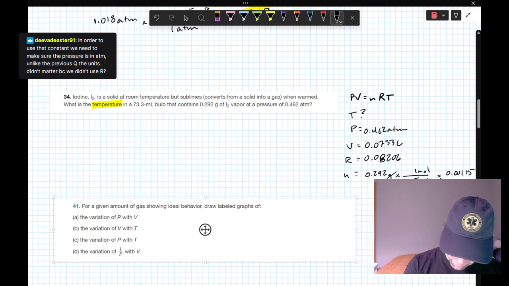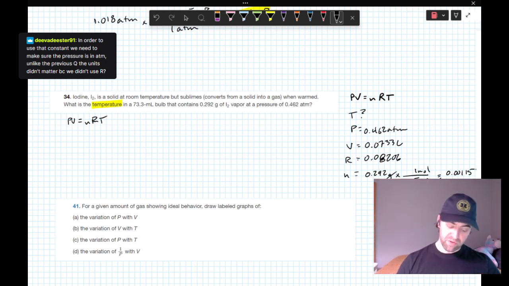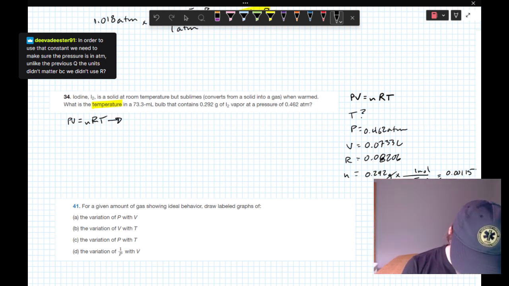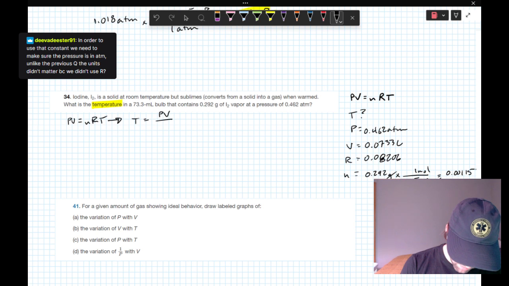So now we can start to solve our problem. We're solving for T, PV equals nRT. We divide both sides by n and R, gives us T equals P times V over nR.